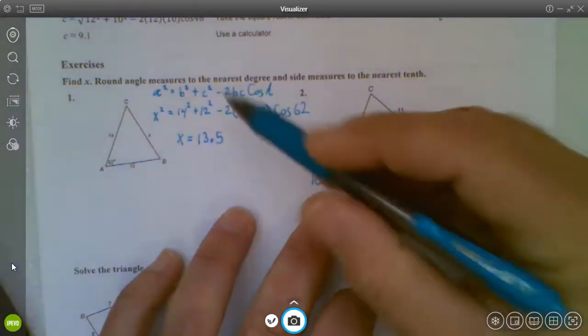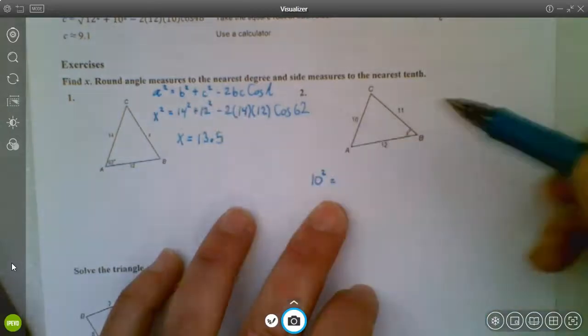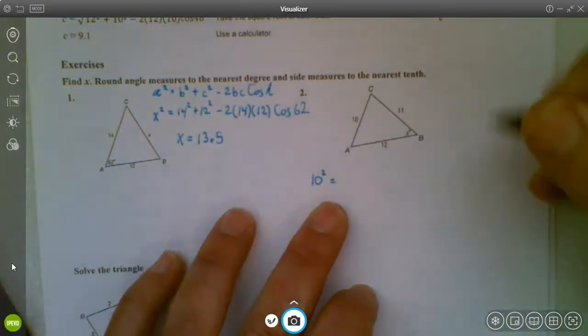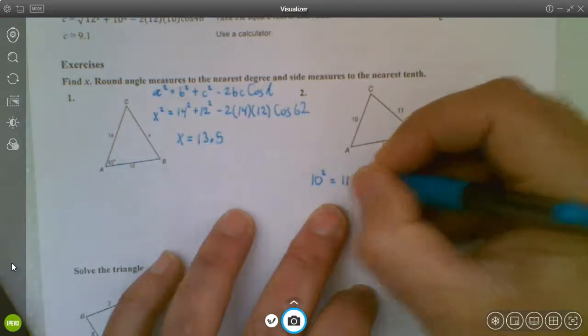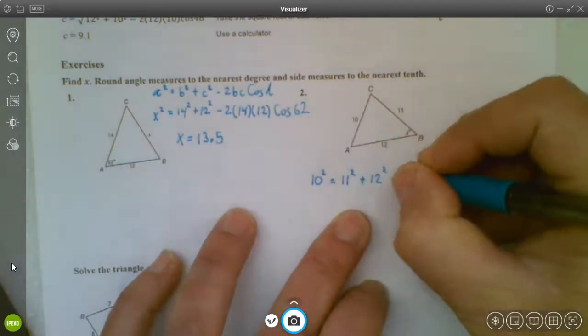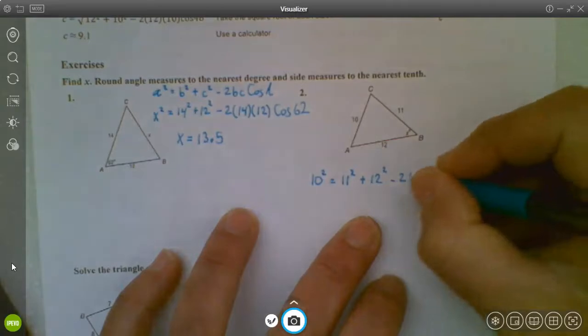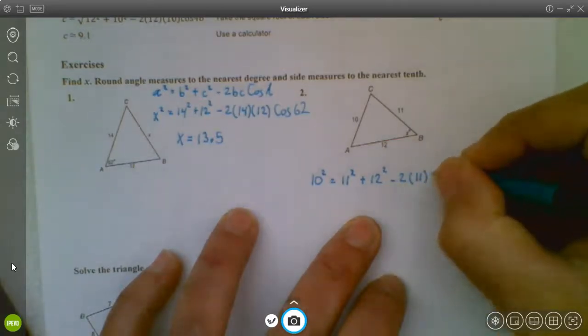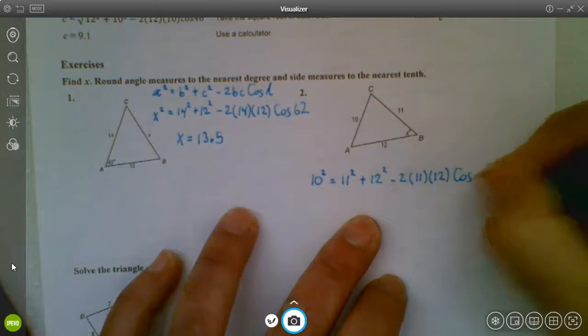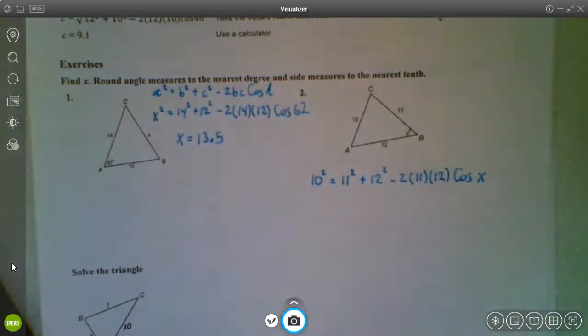And then that makes these two guys simply the other two sides of the triangle, which are 11 and 12. So if I just plug in the information into our formula, it's going to look something like this.